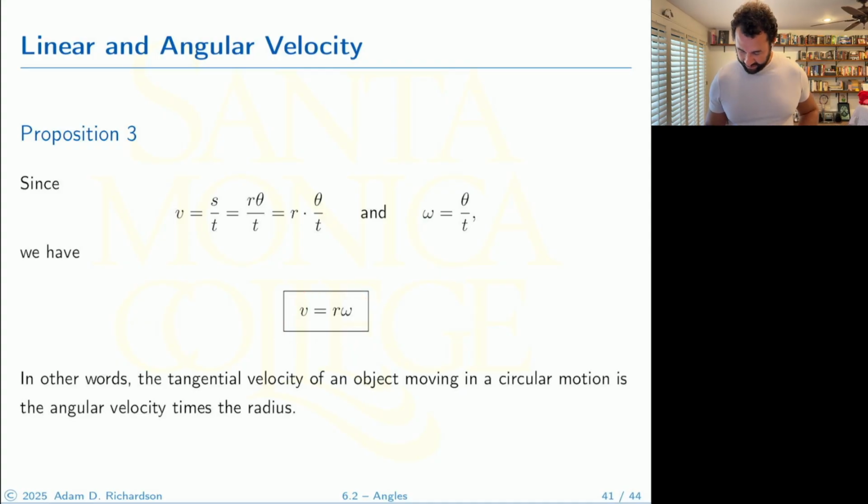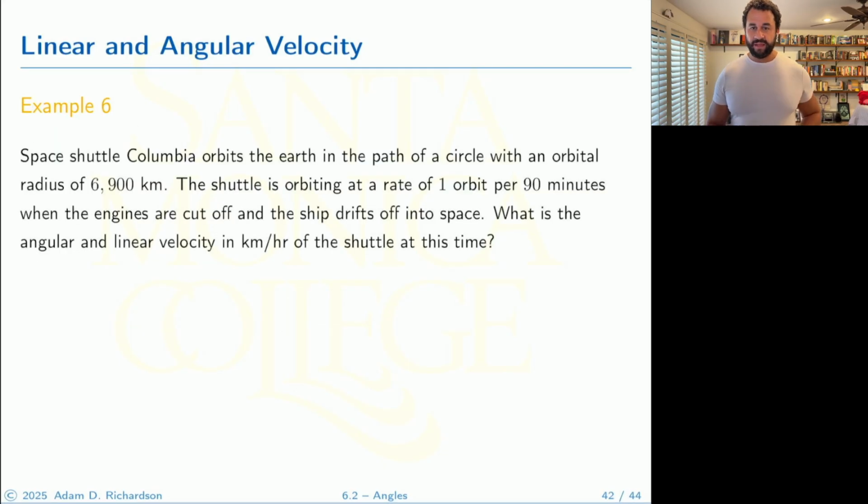Okay, now let's finish up with kind of a fun example. Here we go. Let's read it together and make sense of it. And then maybe you can try it on your own before we do it together. So here we go. Space Shuttle Columbia orbits the Earth in the path of a circle with an orbital radius of 6,900 kilometers. The shuttle is orbiting at a rate of one orbit per 90 minutes.